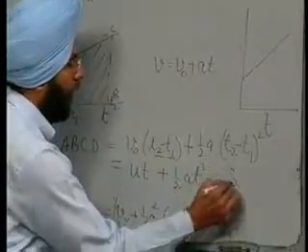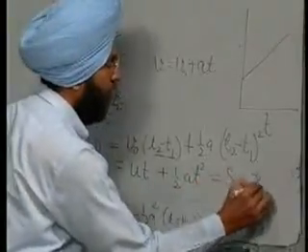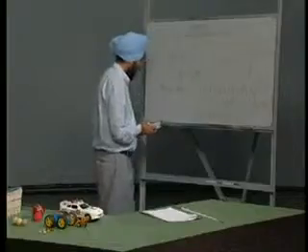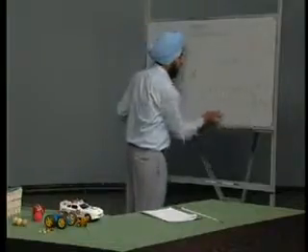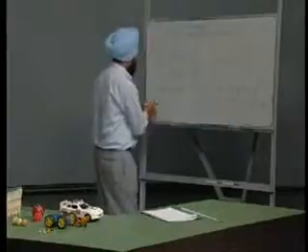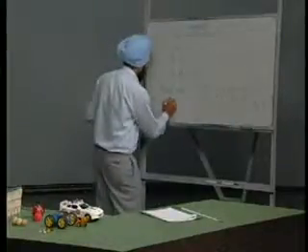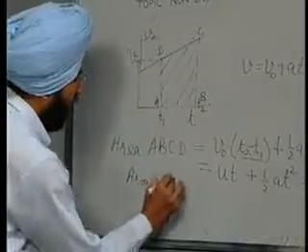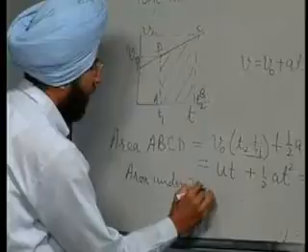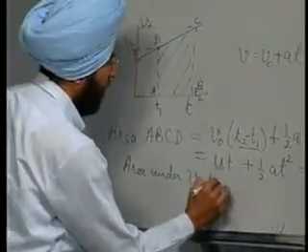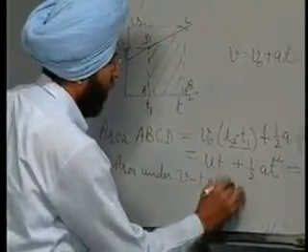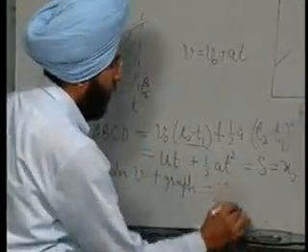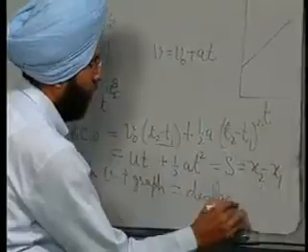This is equal to S or x 2 minus x 1. So, the area ABCD, the area under the velocity time graph, is equal to displacement.